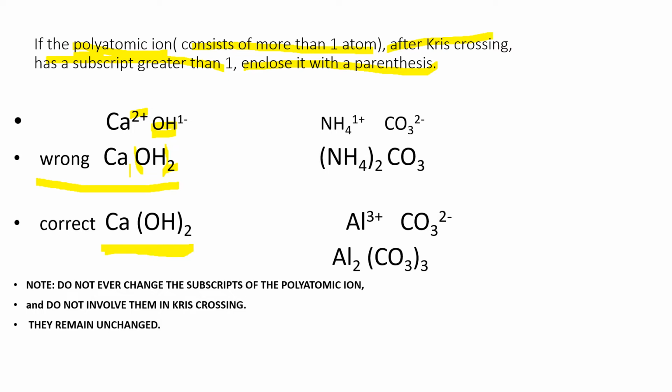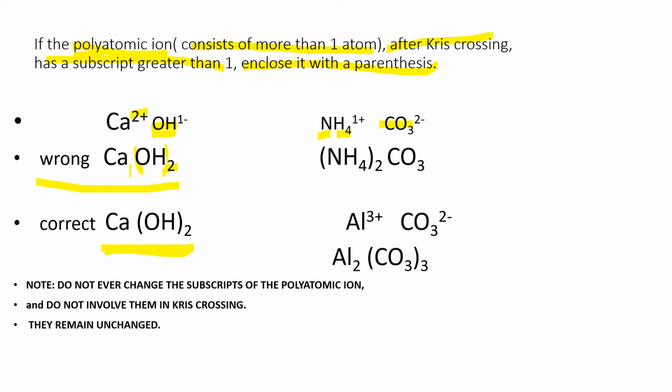Another example is NH4 1 positive, a polyatomic ion, because it is composed of nitrogen and hydrogen atoms. Another polyatomic ion is CO3, carbonate. The charge is 2 negative.